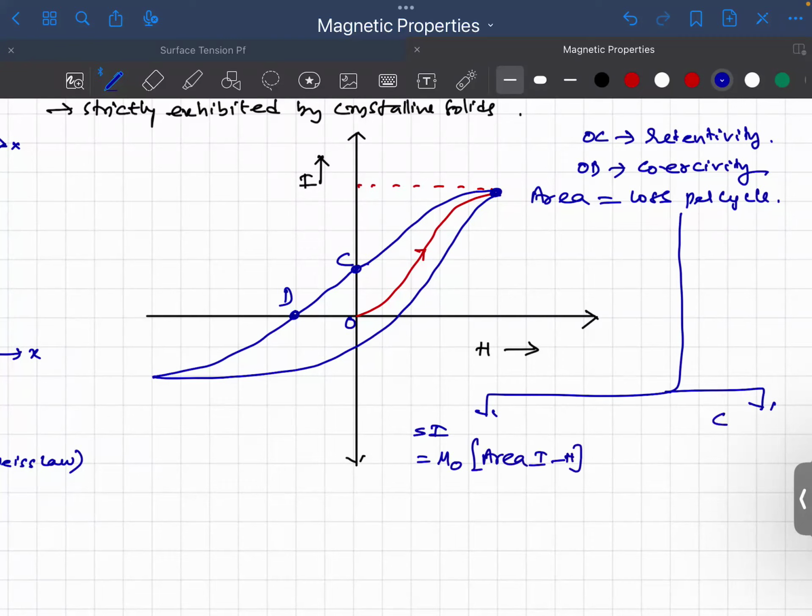In the CGS system, it is simply 4 pi times the area of the IH loop. So in whichever units they are asking, accordingly you should take a call. Again, on the basis of three factors: retentivity, coercivity, hysteresis loss. This is called the hysteresis graph.